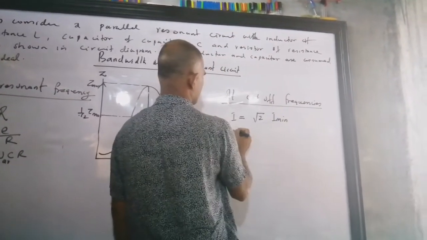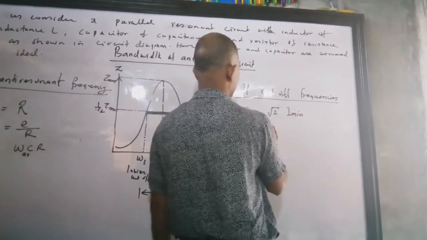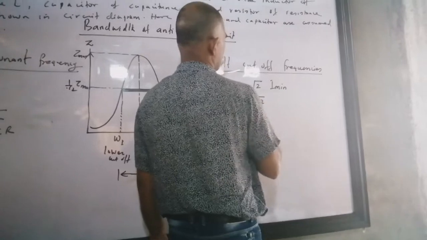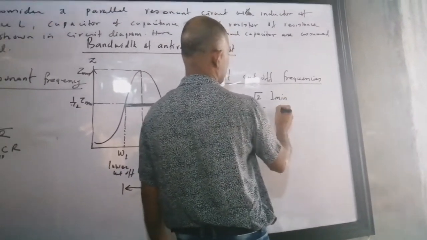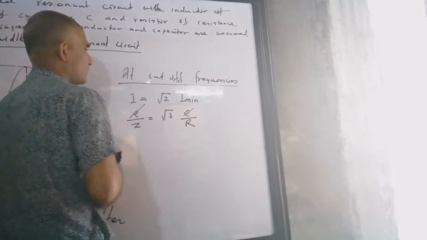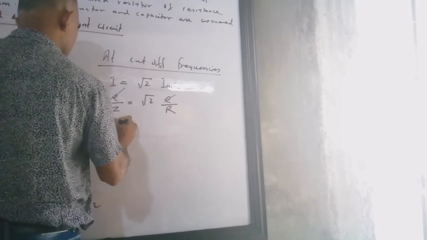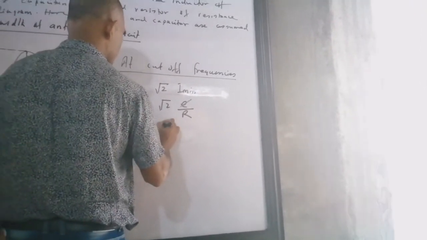Now current equals E by Z, and with the minimum current being E upon R, we can cross out E. So we get 1 by Z, that is Y, equals root 2 by R.